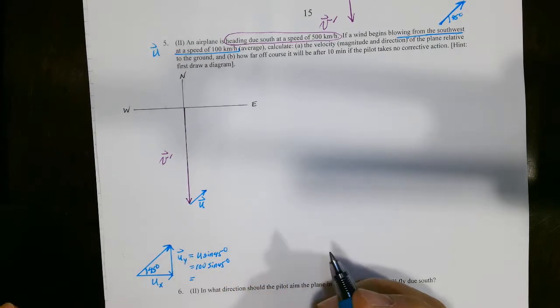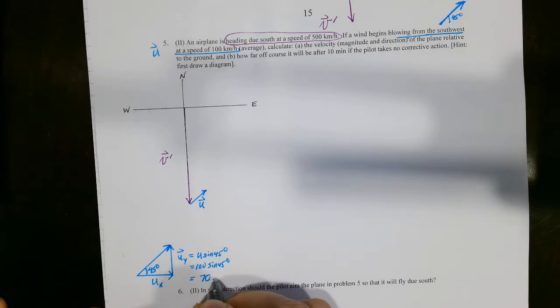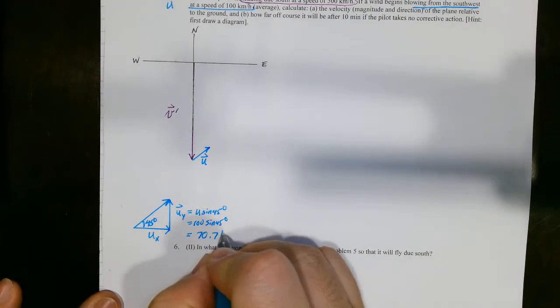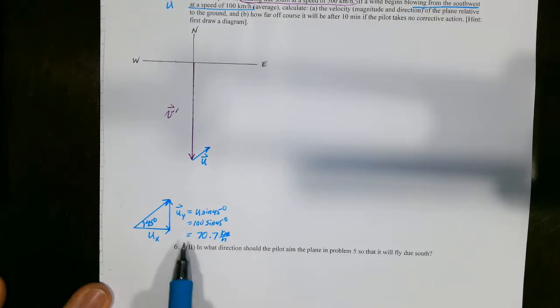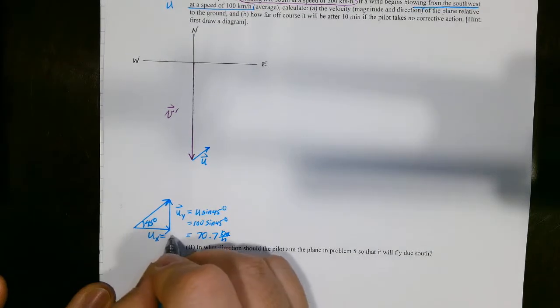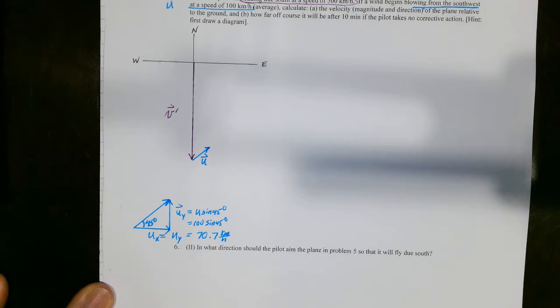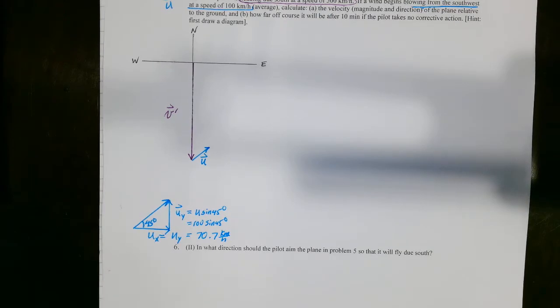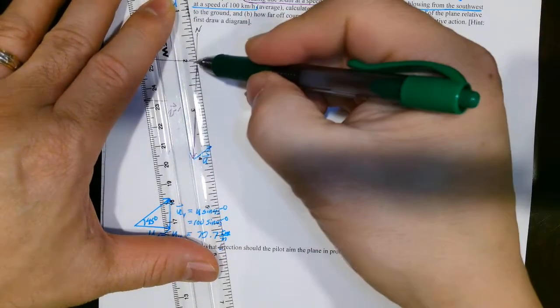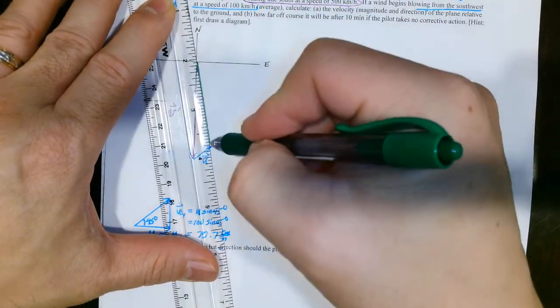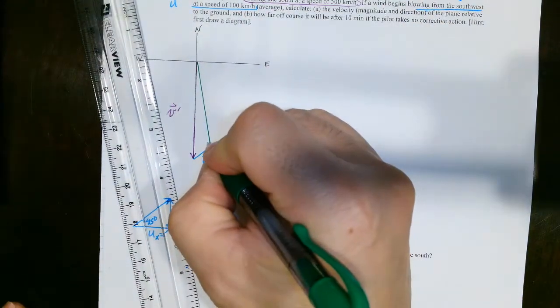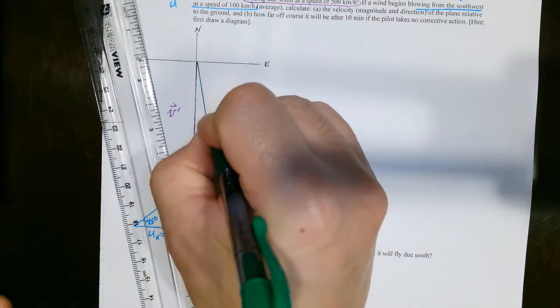So UY is equal to 70.7 kilometers per hour. And since it's 45, my UX is also the same as my UY, which is 70.7 kilometers per hour. All right? So the actual path that plane takes is going to be my V. So V prime plus U is my V, and this is the actual path that plane takes. This is my V. Okay?